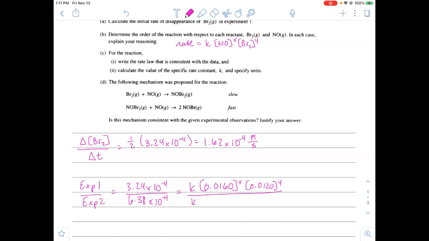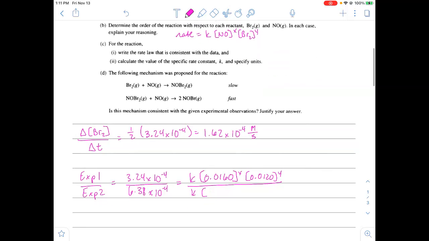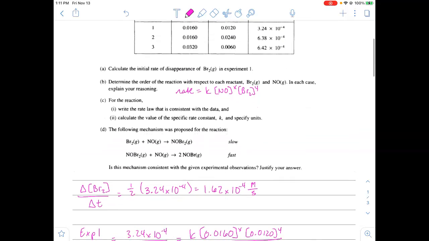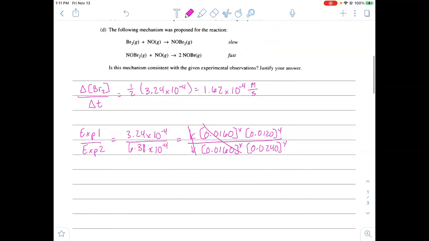In experiment 2, I'm going to have K times 0.0160, and then my initial concentration of Br2 is 0.0240. So my K's cancel and my concentrations of NO cancel.